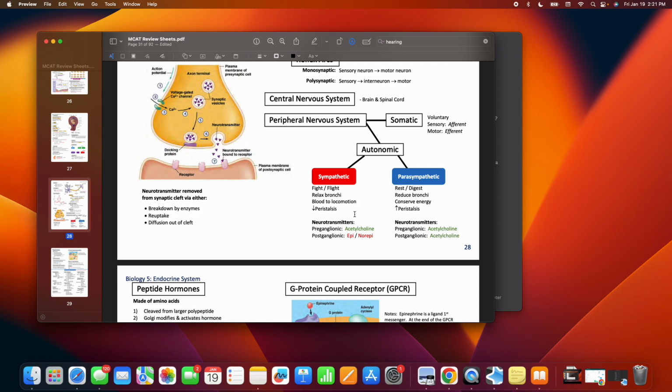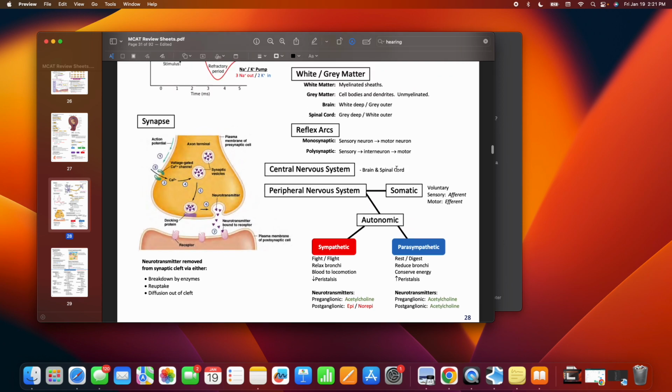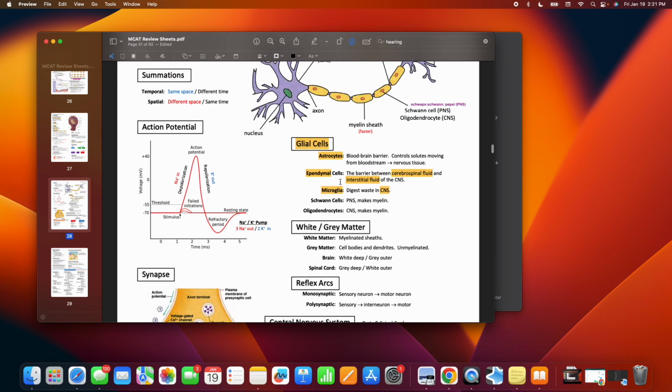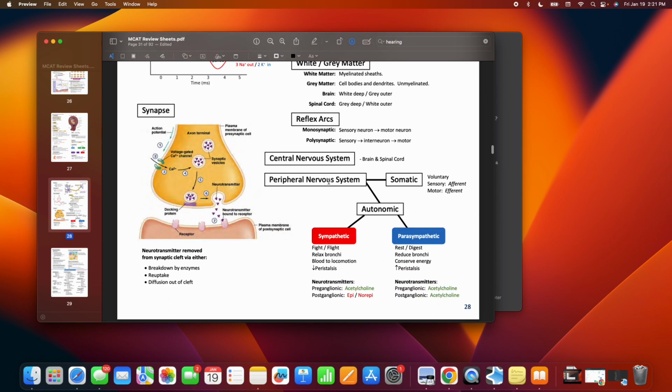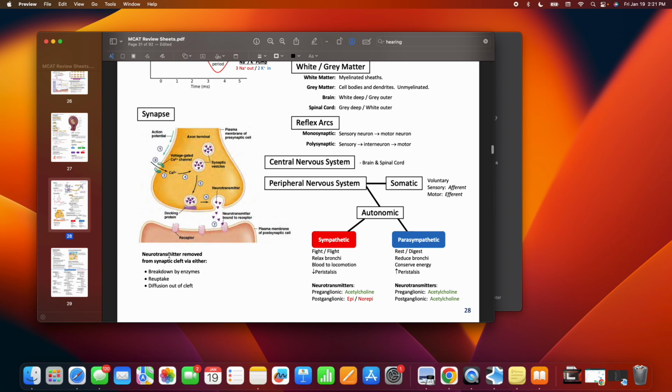So epinephrine and norepinephrine are for sympathetic for sure, but it's in the postganglionic, not in the preganglionic. And do we have ganglia here? Not to confuse it with glial cells, right? Yeah, we need to study about ganglia stuff.